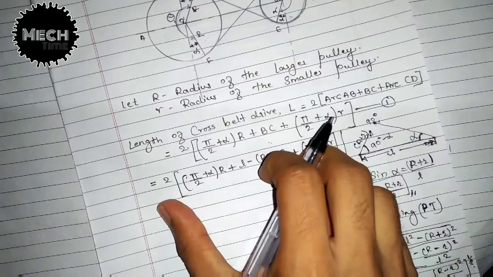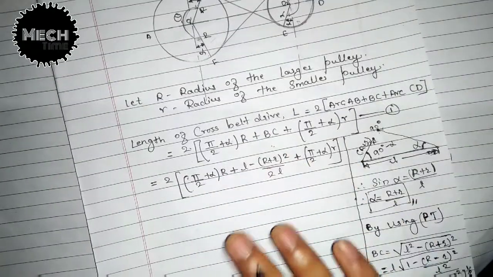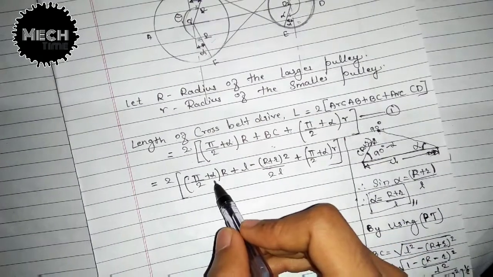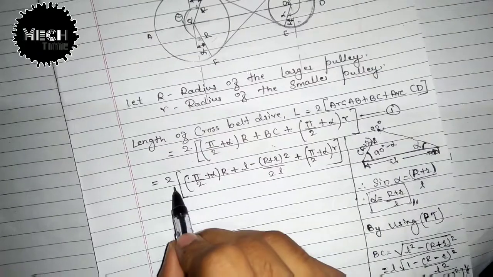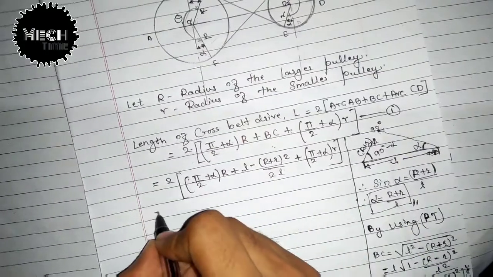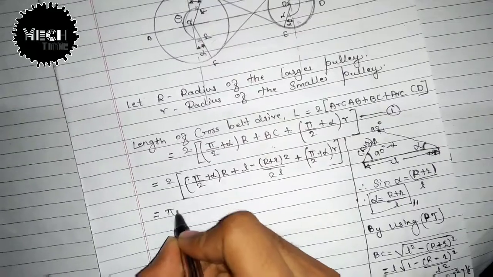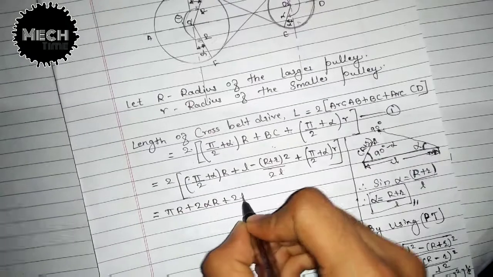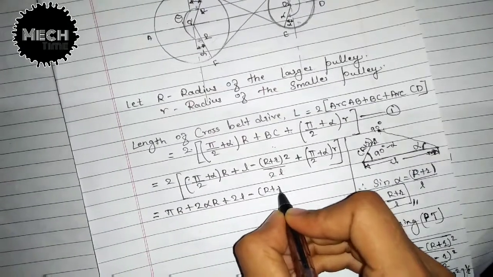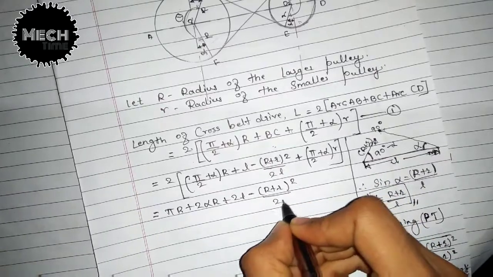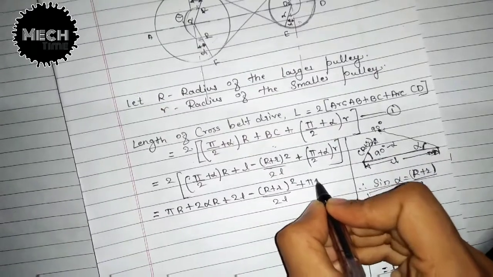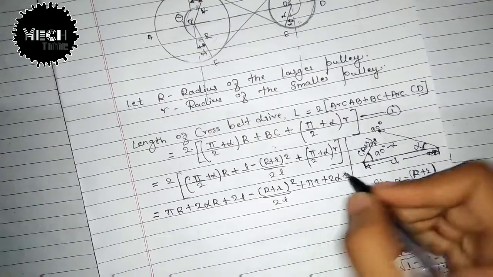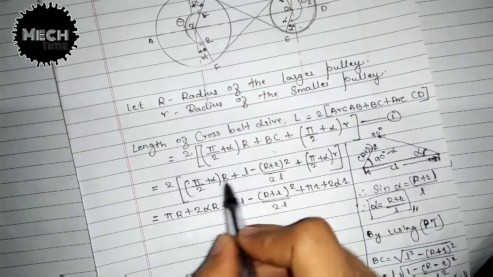Still we did not substitute the value of alpha here. If I multiply 2 and the r values, I'll get pi R plus 2 alpha R plus 2 times BC plus pi r plus 2 alpha r.